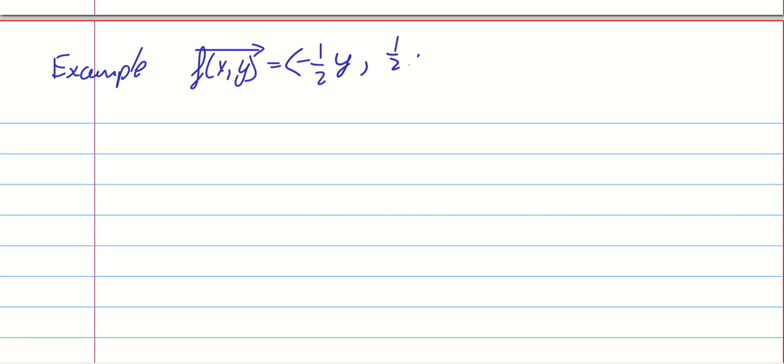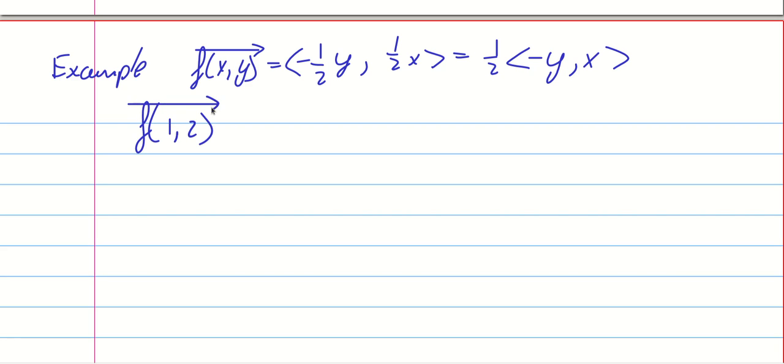In the next example, we have the following vector field. F of x, y is equal to negative 1/2 y, 1/2 x. Or we can write it as 1/2 times negative y, x. So if we take f at 1, 2 and calculate it, 2 over 2 will cancel, so we're going to get negative 1.